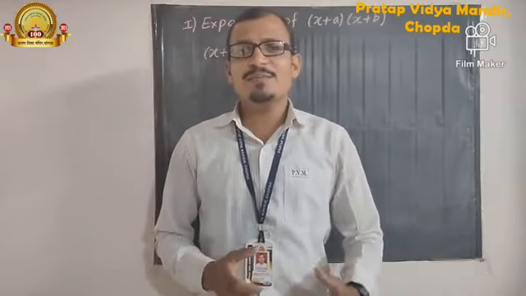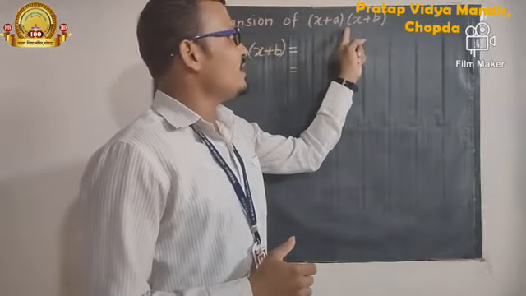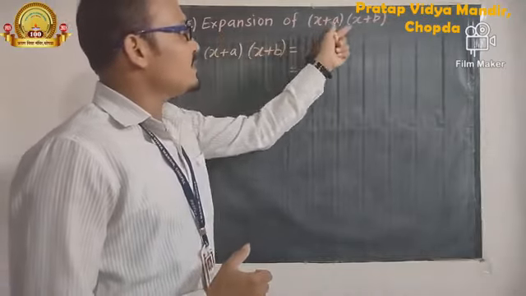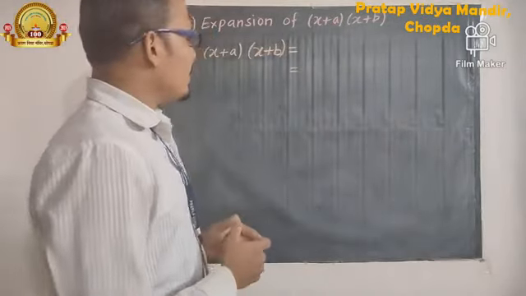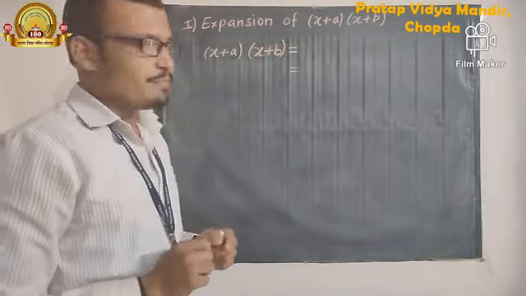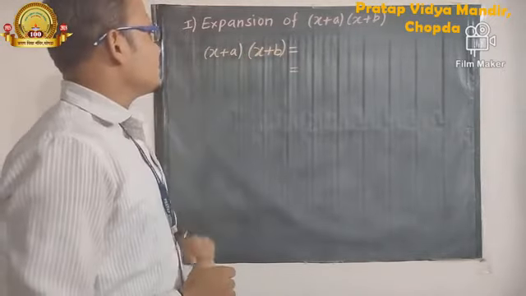Then our first and very important topic of this chapter is expansion of (x plus a) into (x plus b). Friends, to find the expansion of (x plus a)(x plus b), we have to multiply these two binomials, which you have already studied in your previous classes. So let us multiply these two binomials.